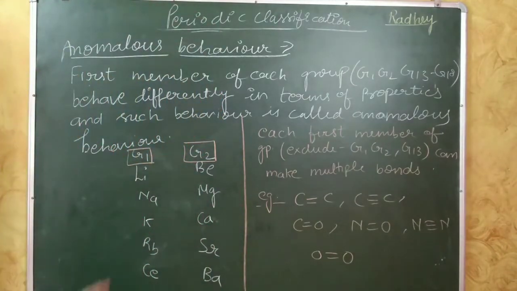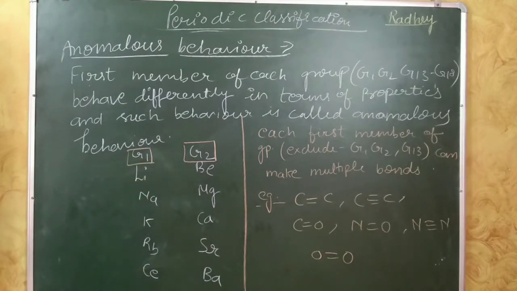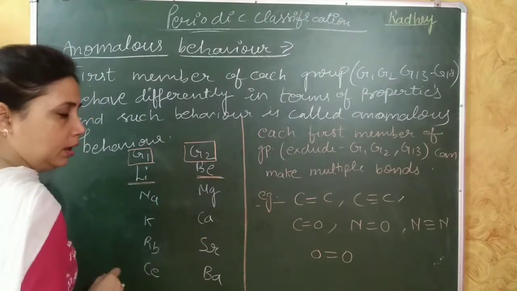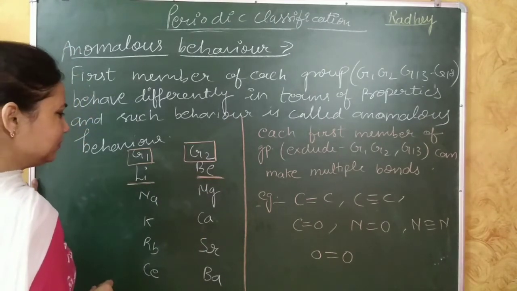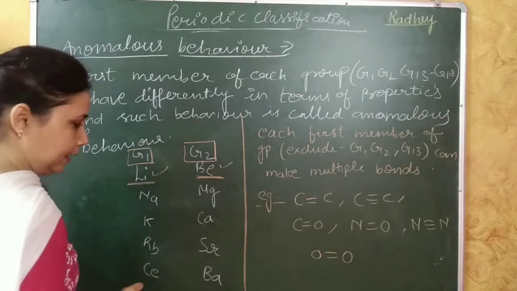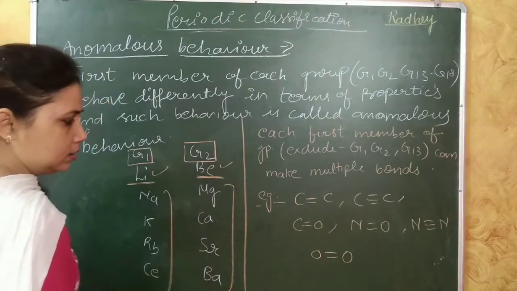Now, taking the example of group 1 and group 2 elements, the first members are lithium and beryllium, and these two elements will behave differently from the others. We know that these are metals.